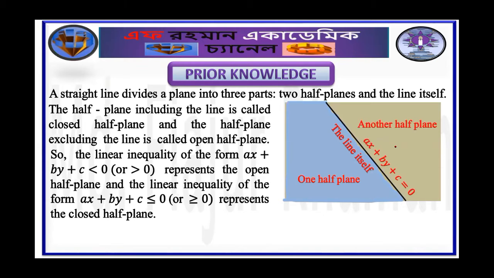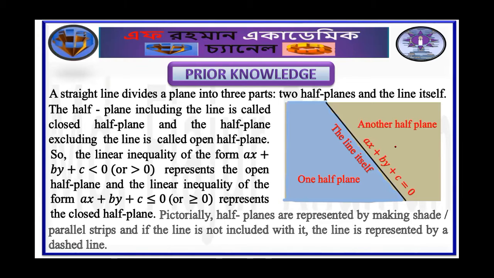So ax plus by plus c less than 0 or greater than 0 will be any half plane excluding the line, and as well it represents the open half plane. But ax plus by plus c equal to 0 is included in the linear inequality ax plus by plus c less than or equal to 0 or greater than or equal to 0. That's why it represents the closed half plane.